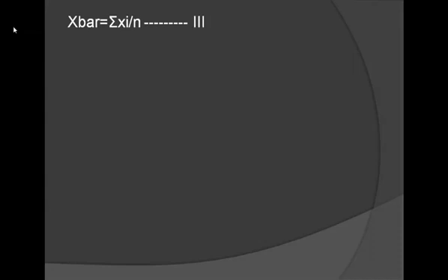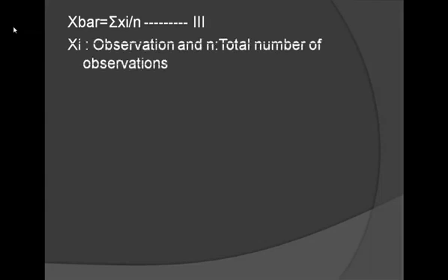Again, the value of summation x of i is not given in our example, and therefore summation x of i is an unknown number, and that's why this is our statement number 3. Here x of i's are the observations, that is our original data, and n is the total number of observations. Total number of observations is obtained by counting all values in the data. So when we count all values in the data, we get n is equal to 5.